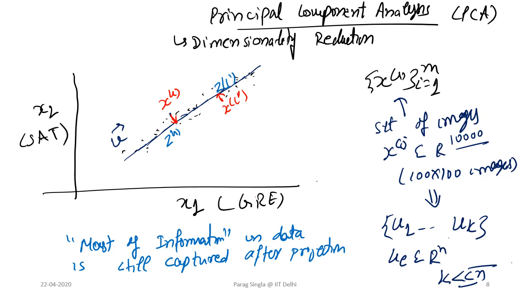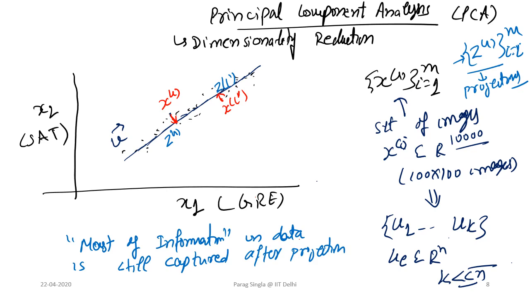So instead of looking at the original xi, i equal to 1 to m, if we look at projections zi, i equal to 1 to m, which are projections along these u1 to uk, or in this case just this single dimensional u, then in general there will be some loss of information as you project it, unless the data is perfectly correlated, for example unless the data sits completely on the u line.